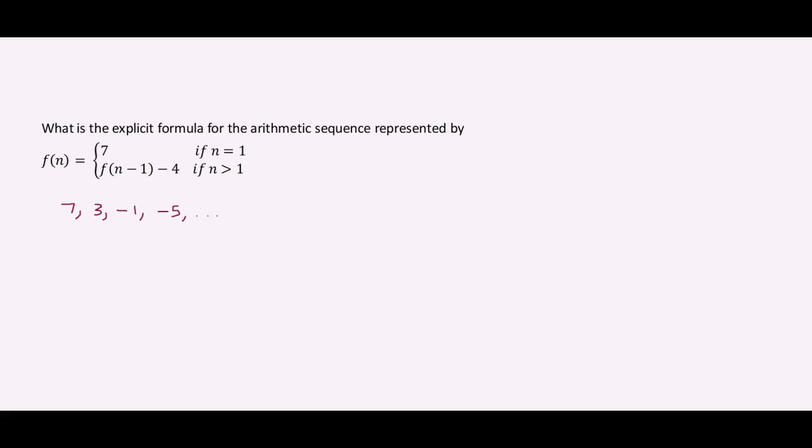So let me just show you how I did this on this first example. f of 1 is equal to 7. f of 2 is f of 1 minus 4. f of 3 is f of 2 minus 4.